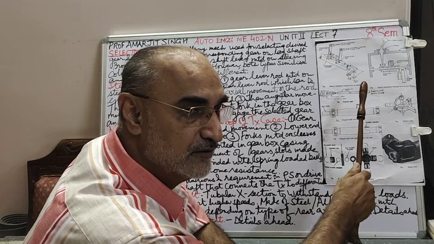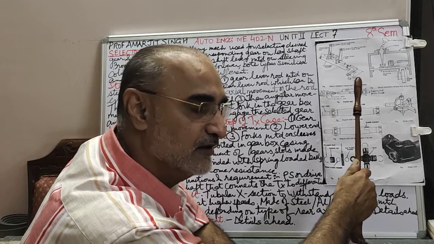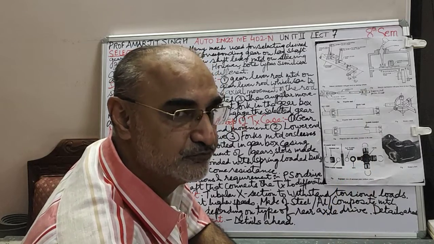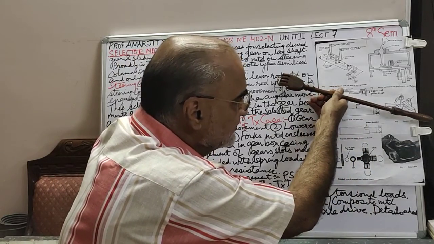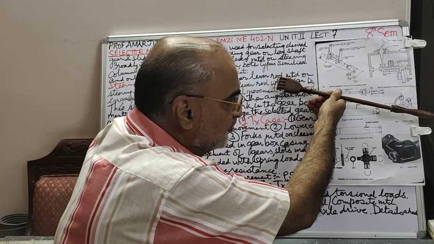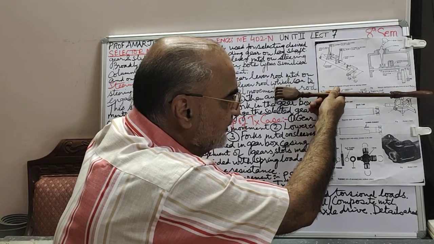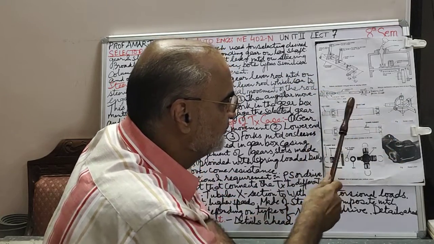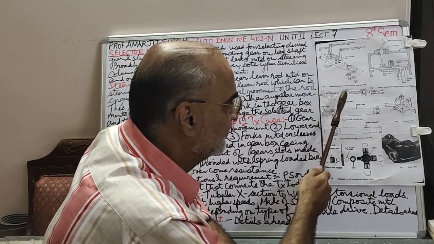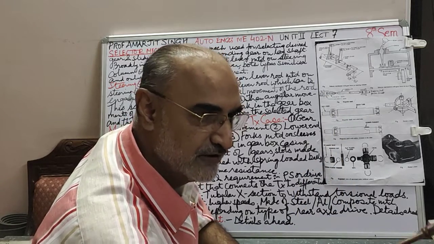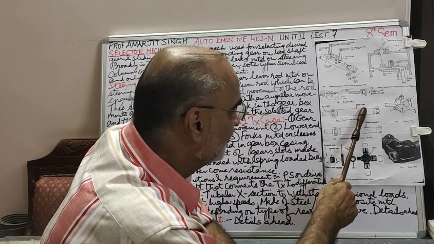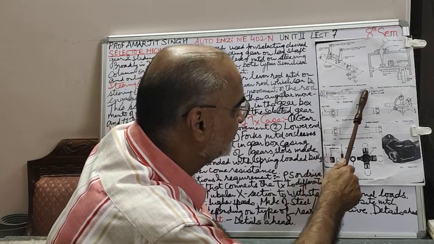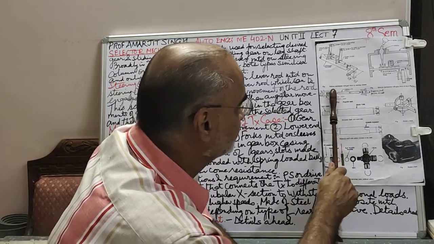When, let's say, the vehicle goes over a speed breaker, this will rise and the distance will reduce so that this will go in. When it comes to a depression or a gadda, this will go down relatively and this length will increase.